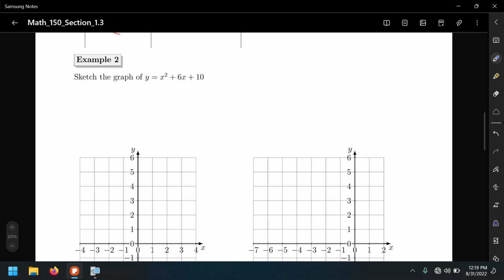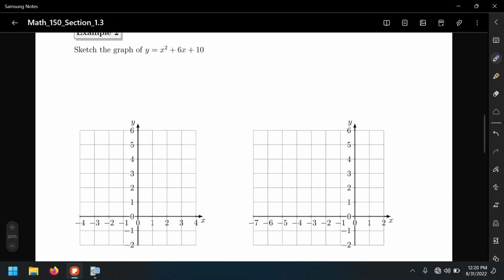This function is given in polynomial form. We need to write it in the other form, the vertex form. The vertex form actually shows explicitly the transformations that we're going to use to plot the graph. Because, number one, we're going to start with the graph of the parabola y equals x squared. 0 squared, 1 squared, 2 squared.